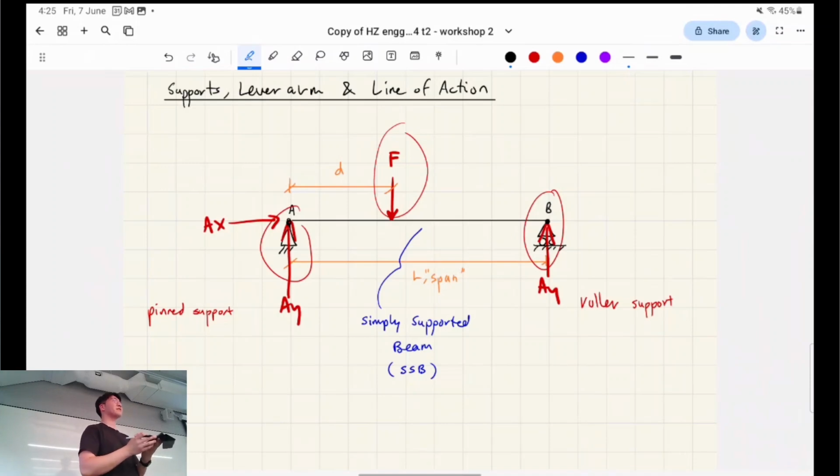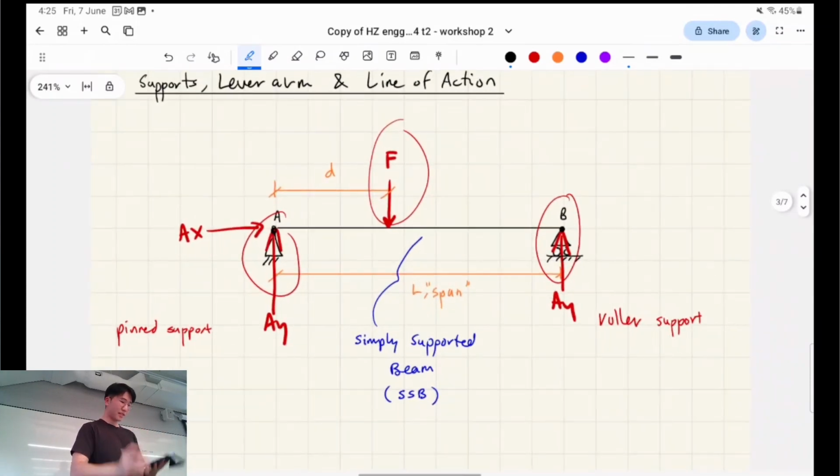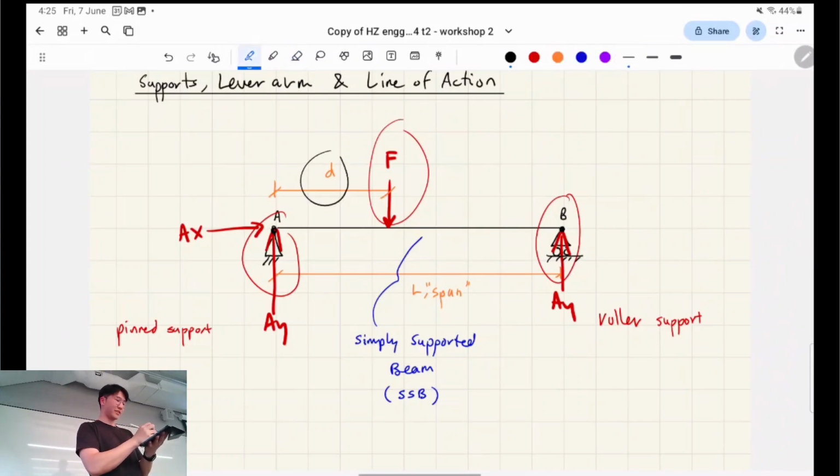All right. Sorry, we're still going. So, basically, say I wanted to solve this beam, right? I know we don't really have the numbers of the forces and these distances, but let's pretend we do. So let's pretend we know what F is, we know what D is, and we know what L is.